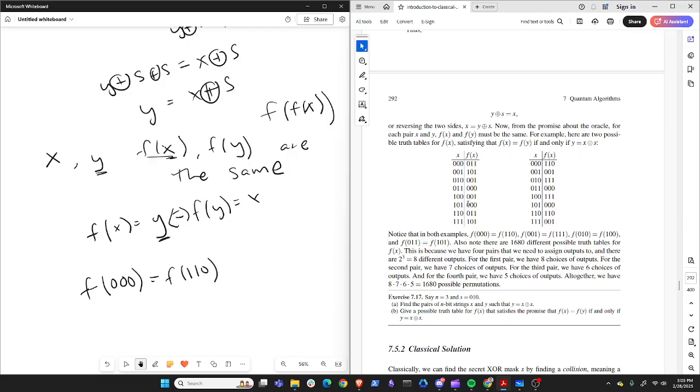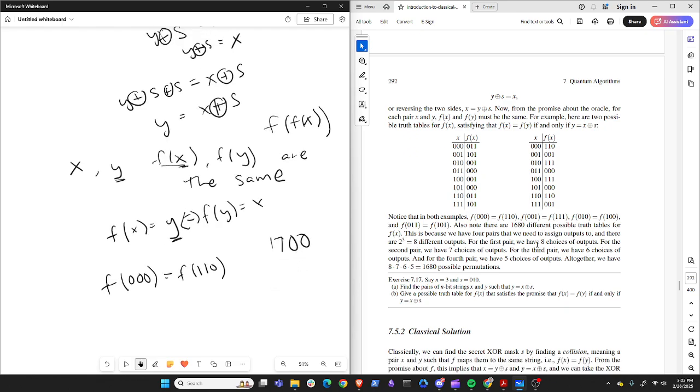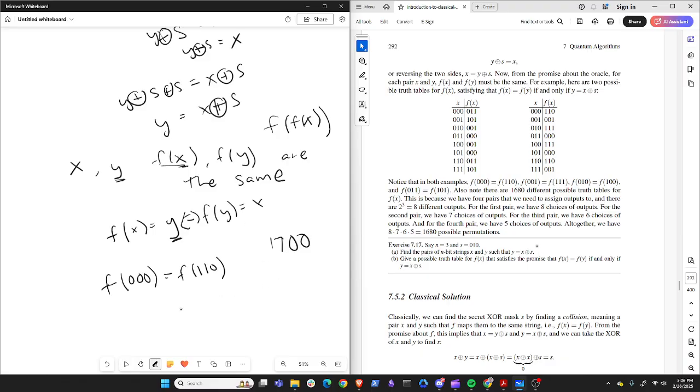Similarly putting in over here, 0 gives us 110, and 110 gives us 110. So they say there are almost 1,700 truth tables for f of x. This is because we have 4 pairs that we need to assign inputs to, and there are 8 different outputs.